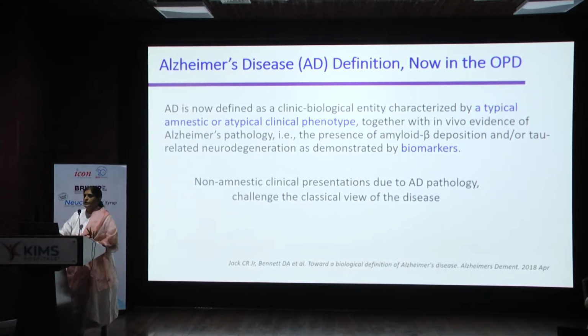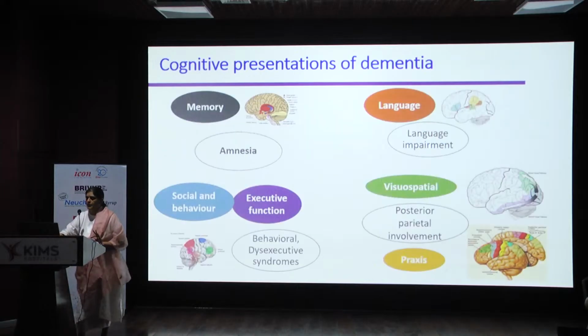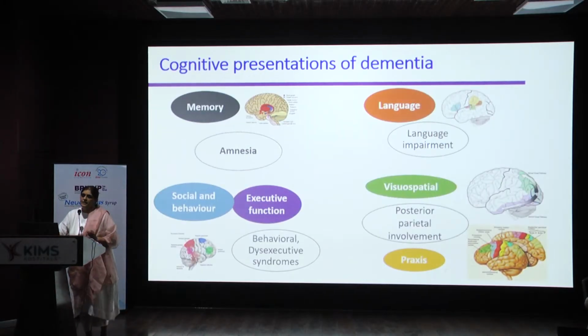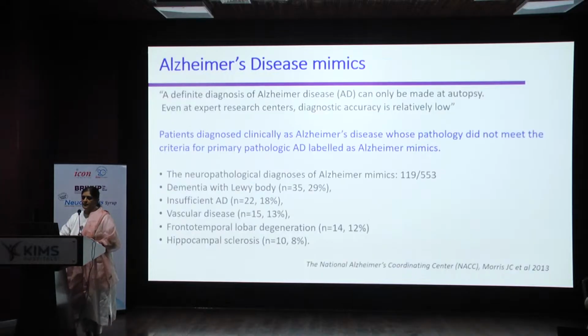And it may not always have memory problems, they can be non-amnestic. So when patients come to us, they're coming either with progressive memory problems, progressive language problems, progressive visual problems. We heard a little bit, I'll spend time on 3 pathological entities, which Dr. Anantram very nicely showed.